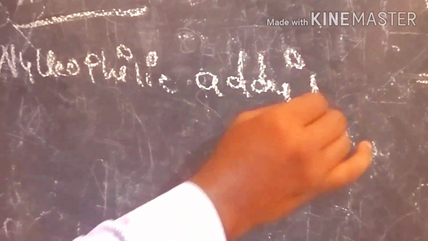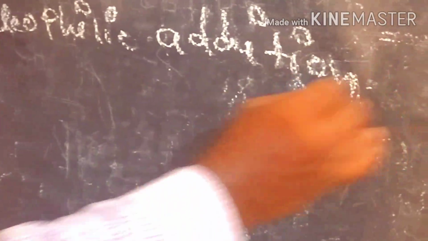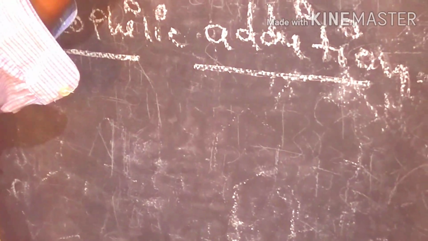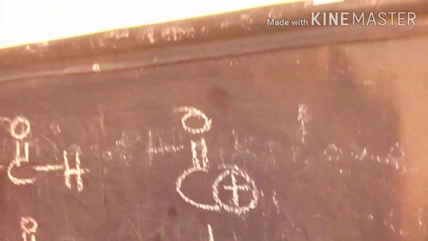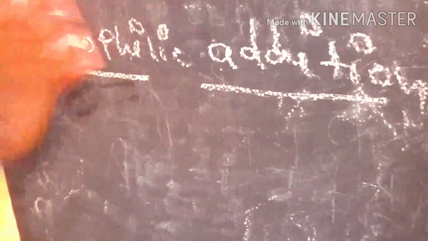So why do carbonyl compounds undergo nucleophilic addition reactions? Because the carbonyl carbon has more positive charge, it acts as an electrophile. That's why it easily undergoes nucleophilic addition reactions.